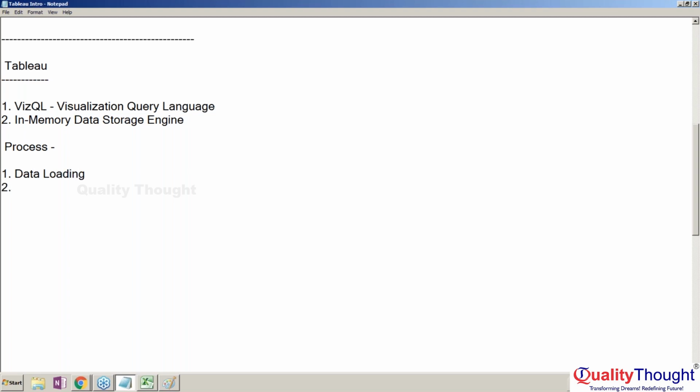In this data loading we have other parts like connecting to the data source. Once we finish the data loading, number two, cleaning the data.